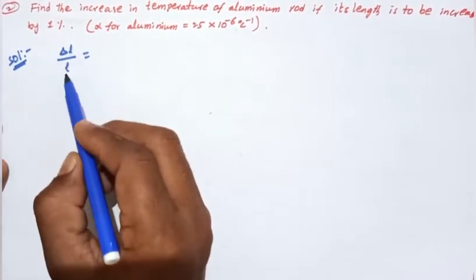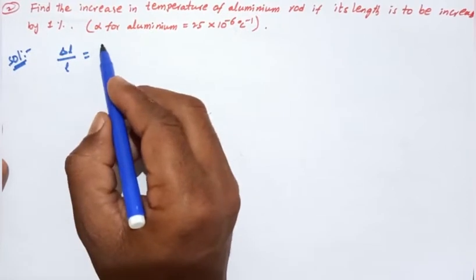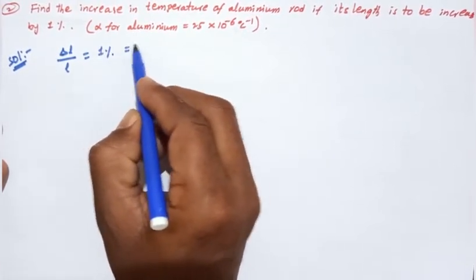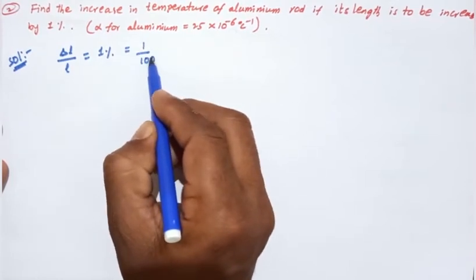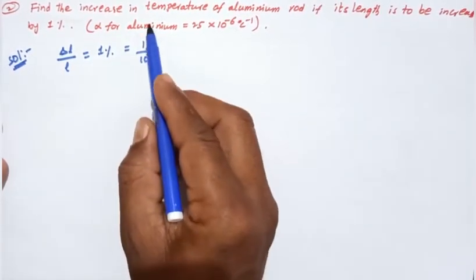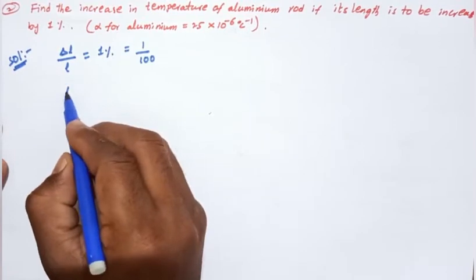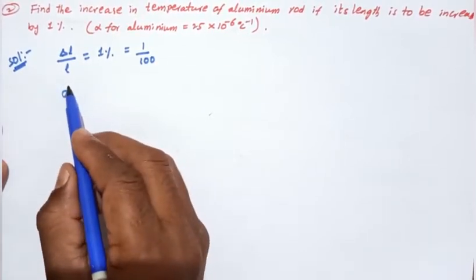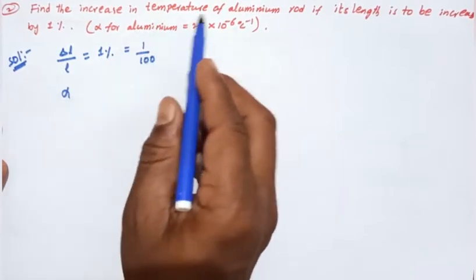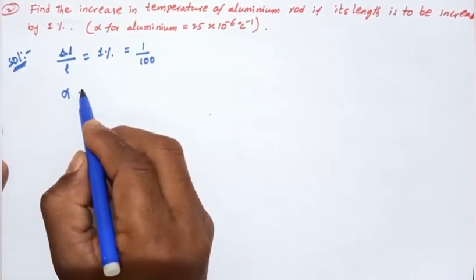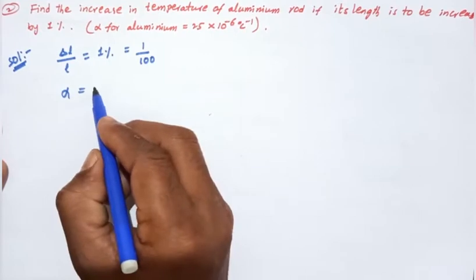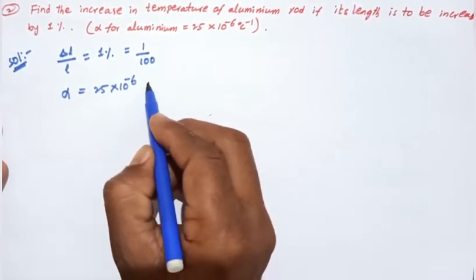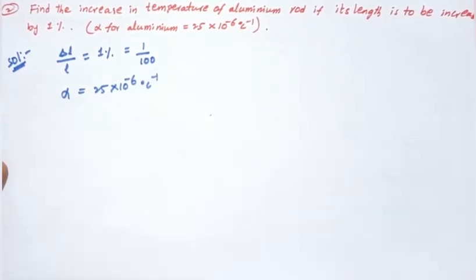The change in length by initial length equals 1%, which is nothing but 1 by 100. The linear coefficient of expansion for aluminium, alpha, equals 25 into 10 to the power of minus 6 per degree Celsius.